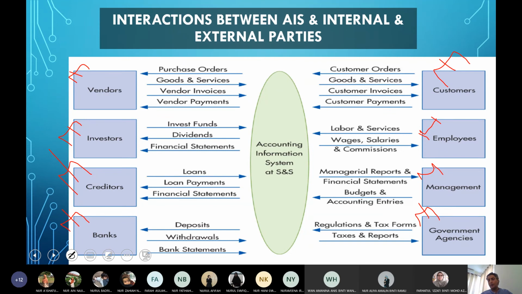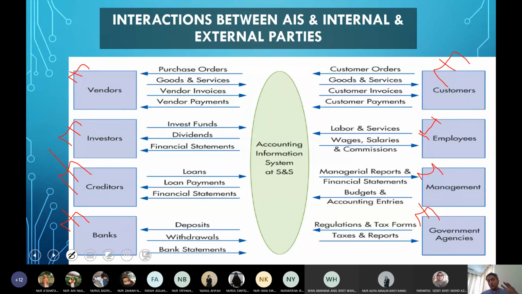After that, when the customer makes the payment to the company, the accounting information system will receive the incoming information about the payment. So that is the concept of give and get, flow in and out of information between parties and the AIS.